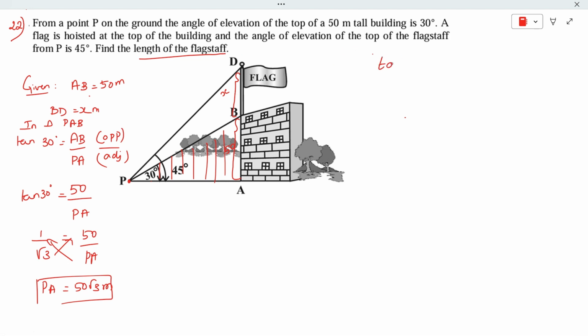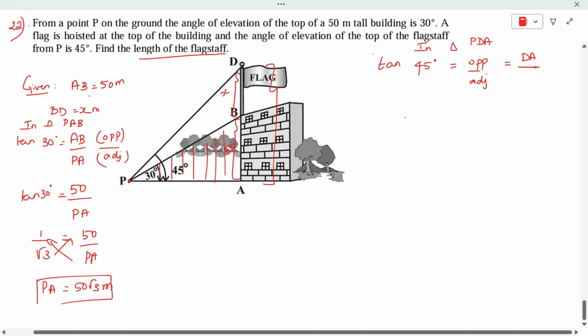Now, my aim is to find the length of the flagstaff, that is x, isn't it? So now I am going for tan 45 degree. That is in triangle PDA, the biggest triangle. Tan 45 is equal to opposite by adjacent. What is the opposite side? That is DA, the complete height, divided by adjacent, the foot distance, that is PA. So DA by PA.